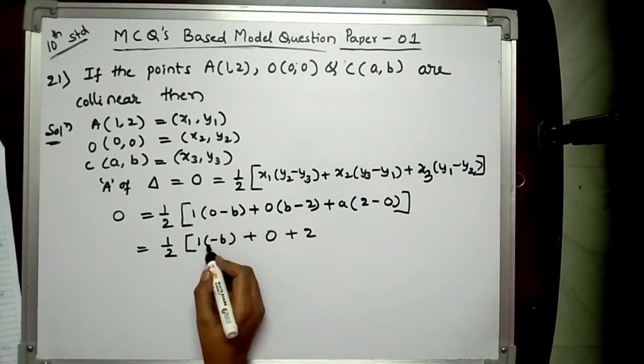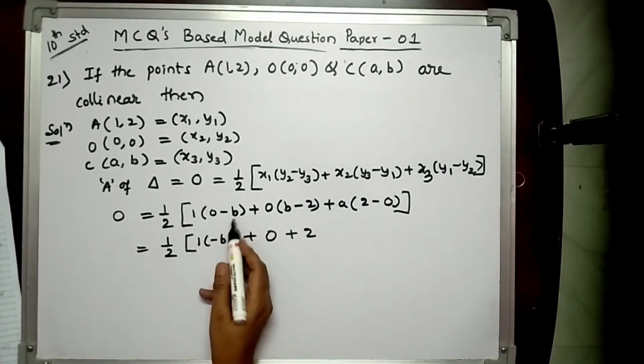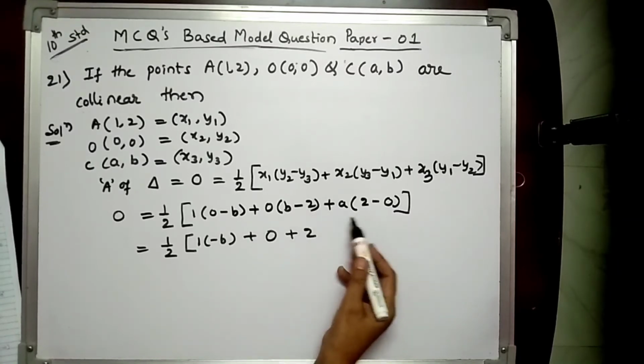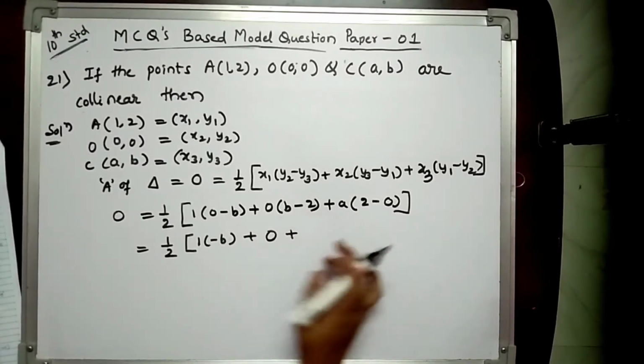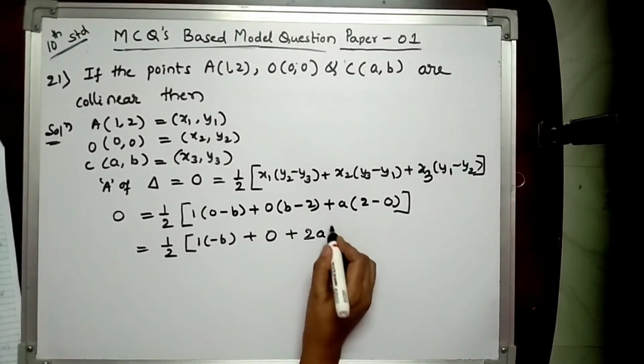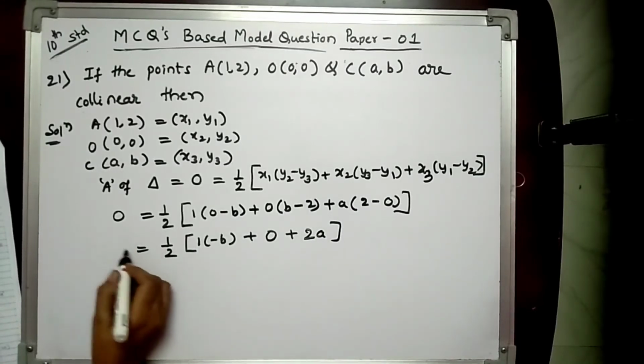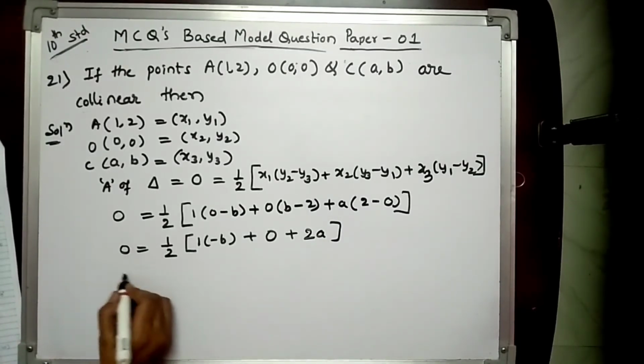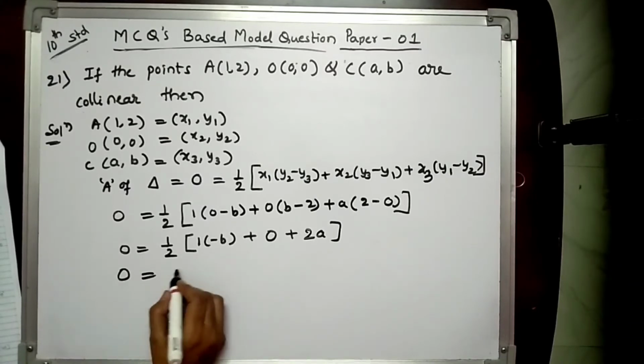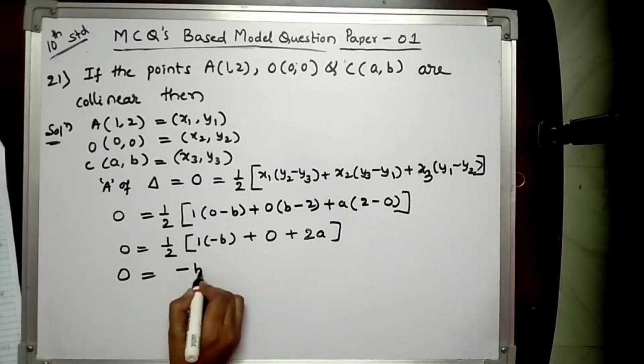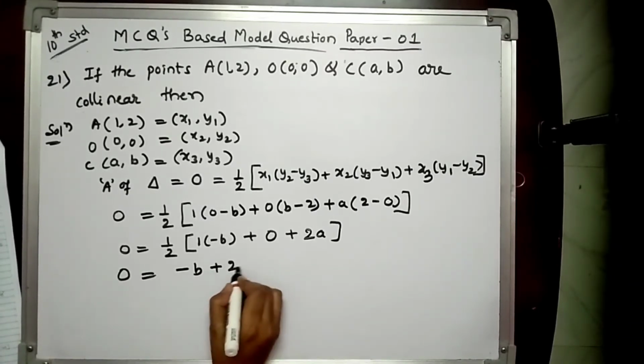Now here 1 and minus b plus 0 plus a into 2, 2a. So you take cross multiplication, you will get 0, and here it is minus b plus 2a.